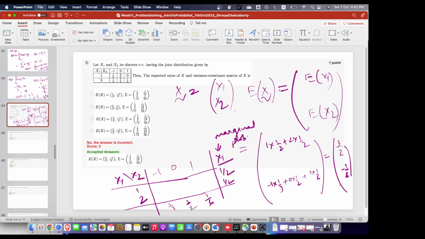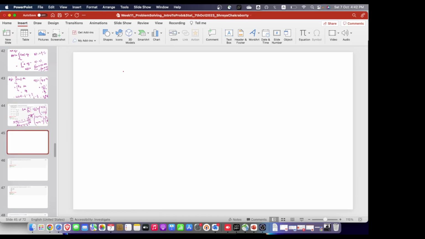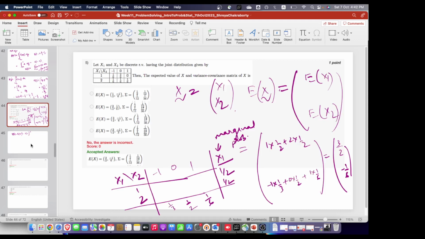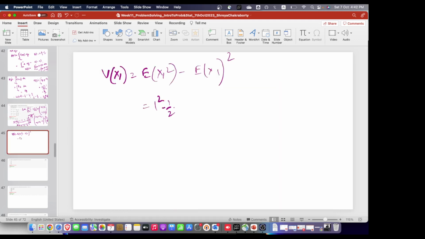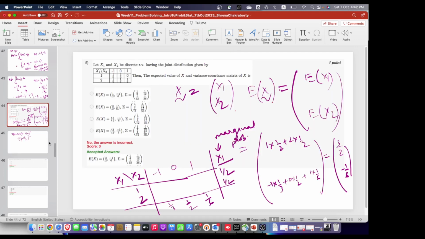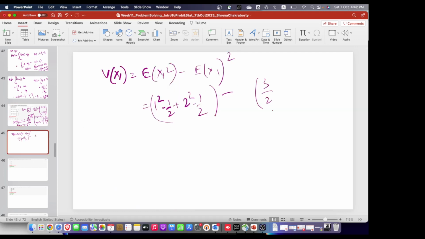Now we have to find out the variance covariance matrix. Here also we have to keep this table in mind in order to calculate the variance. So variance of x1 is how much? Expectation of x1 square minus expectation of x1 whole square. Expectation of x1 square is 1 square into half plus 2 square into half, minus expectation of x1 which was 3 by 2, whole square.